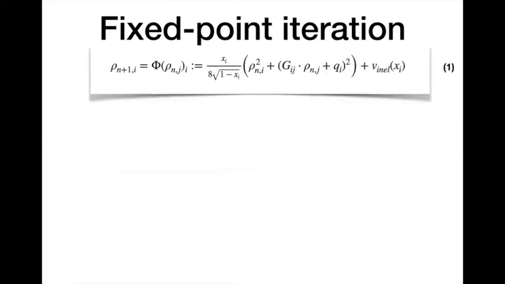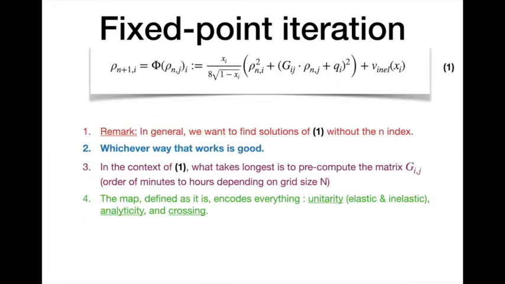Let me just make a comment. In general, we want to find the solutions of this equation, and I've detailed a scheme that uses this iteration. In general, you don't need this n here. Let me remove that in red. What you want to solve for are the values of the function rho I that satisfy this.